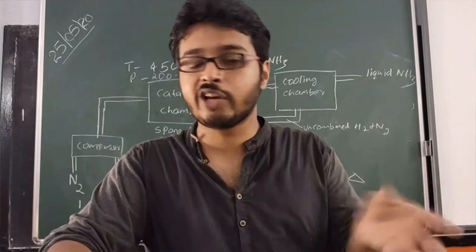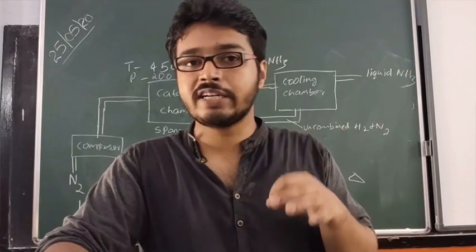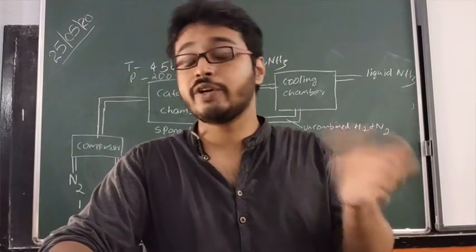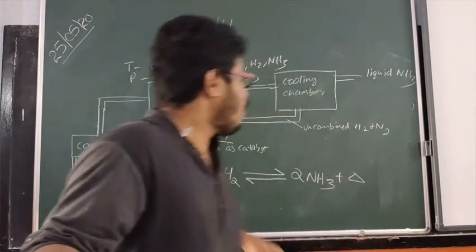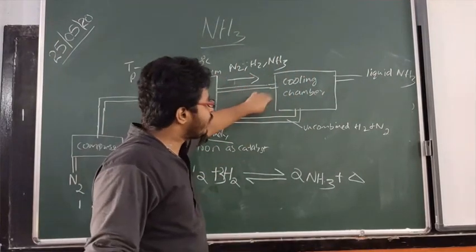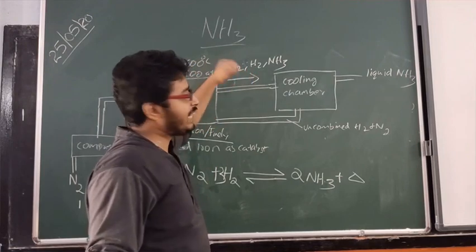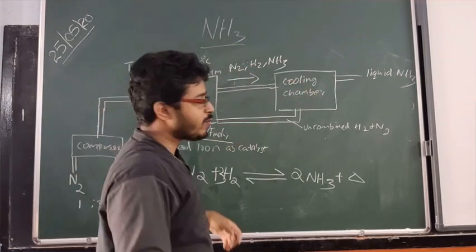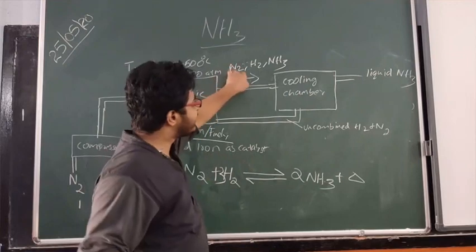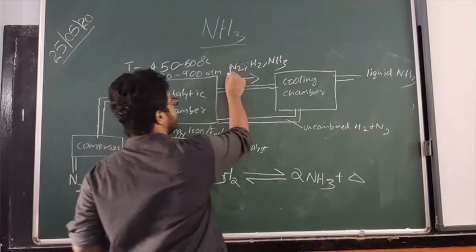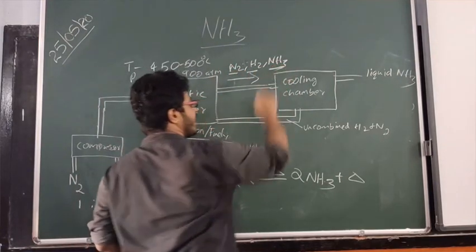Ammonia gas can be liquefied, converted into liquid ammonia. So what they are doing in the cooling chamber is converting the ammonia into liquid ammonia. Here there were three gases: nitrogen, hydrogen and ammonia.